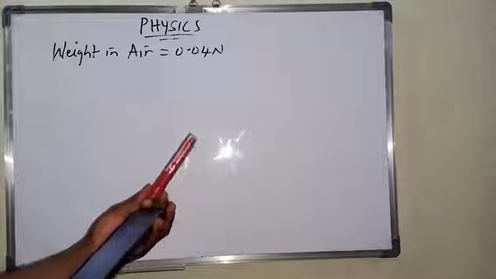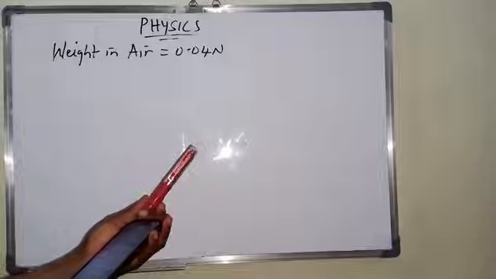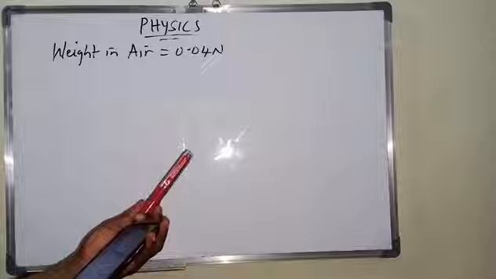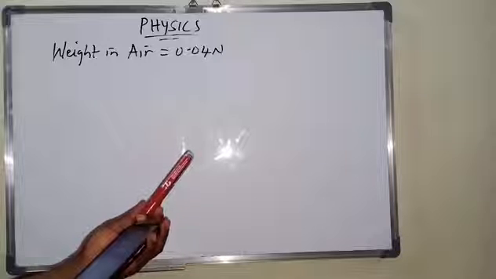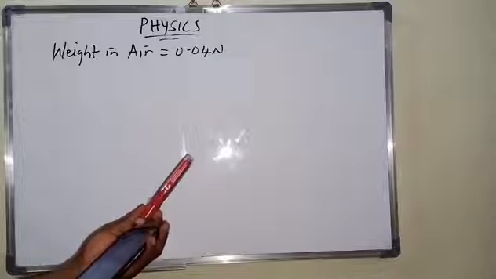Let's say it's actually written 500 kilogram raised to power 3, which is wrong. It should be kilogram per meter cube as a density.